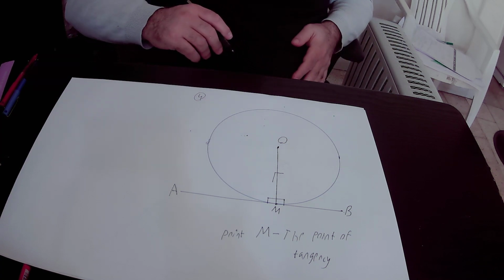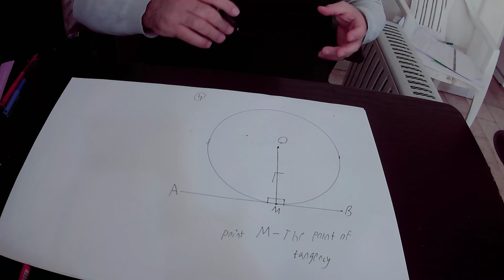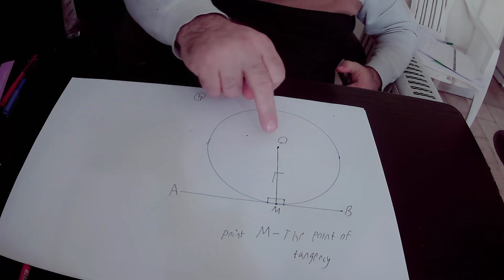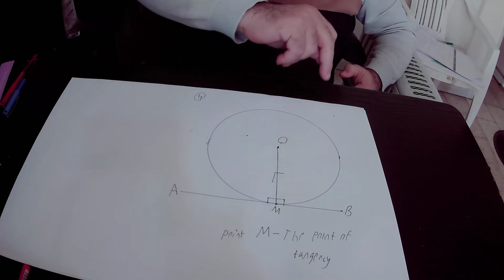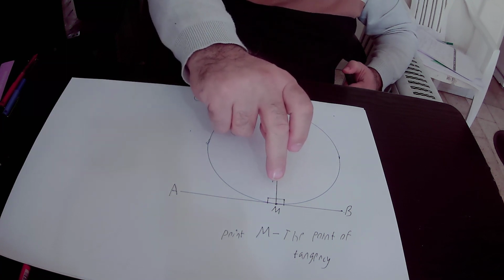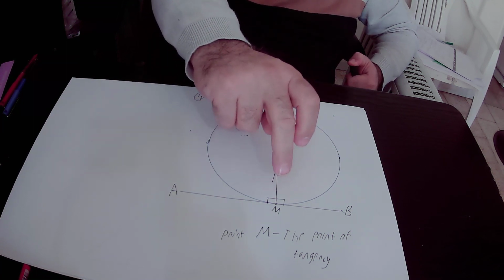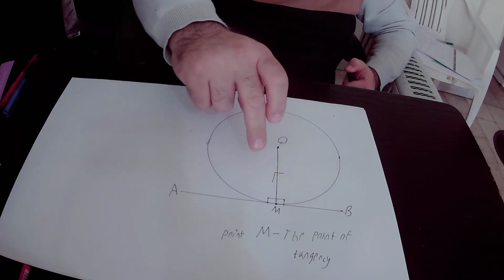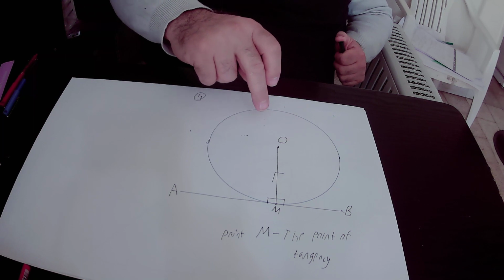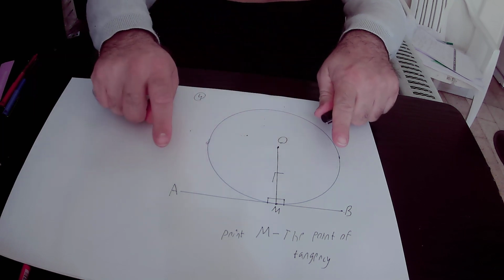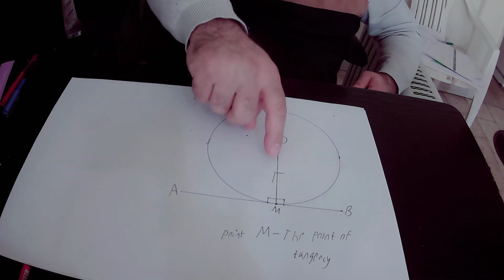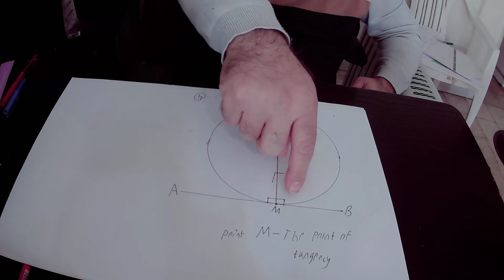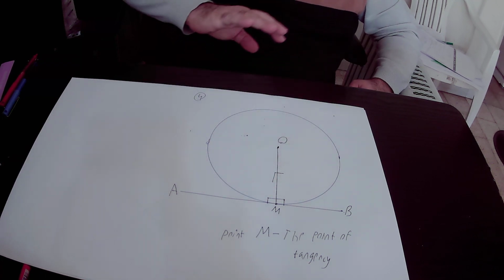So according to rule number 2, whenever you have a radius drawn to the point of tangency, like in this drawing, to point M, the point of tangency of tangent AB with this blue circle, then the tangent AB will be perpendicular to this radius, so this angle will equal 90 degrees and this angle will also equal 90 degrees.